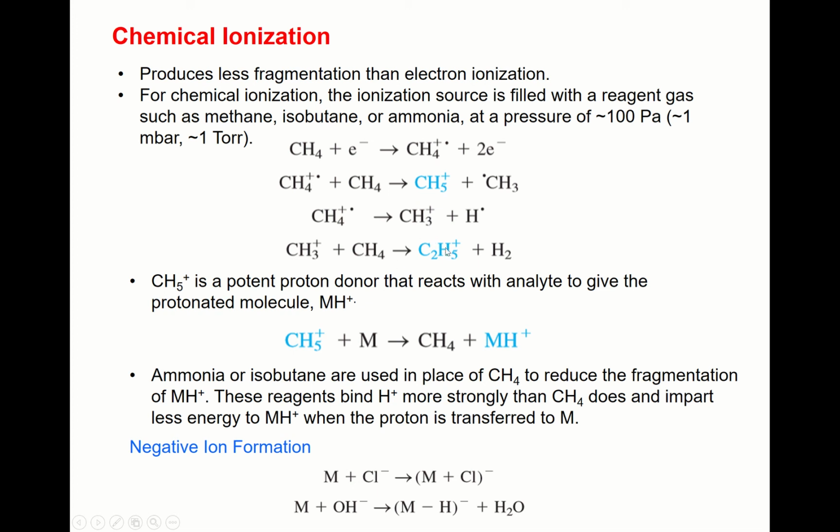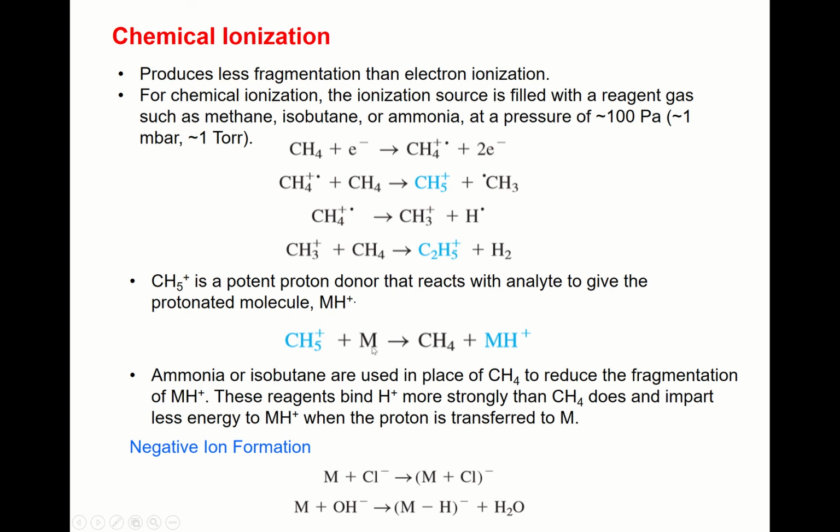Anyway, this species and this species are potent proton donors. Let's consider only CH5 plus. This potent proton donor reacts with the analyte to give the protonated molecule MH plus. It collides with your molecule of interest, and the proton is transferred to this molecule.